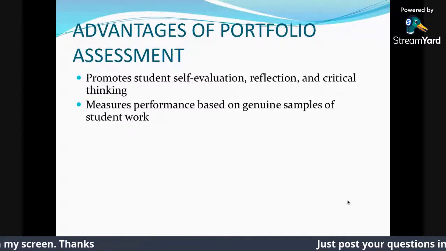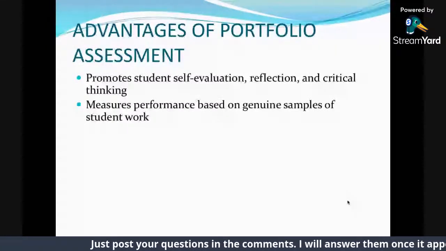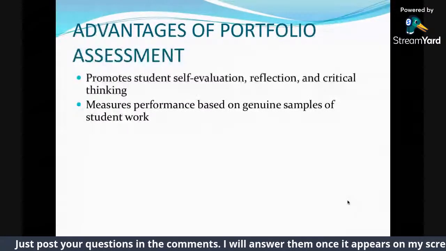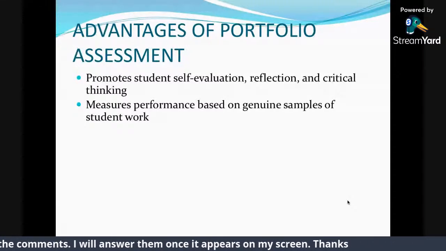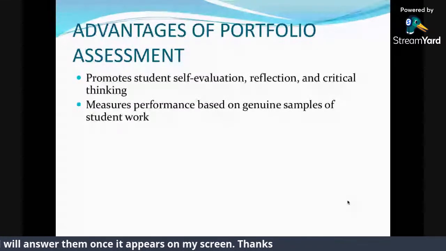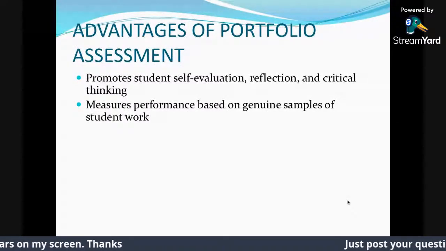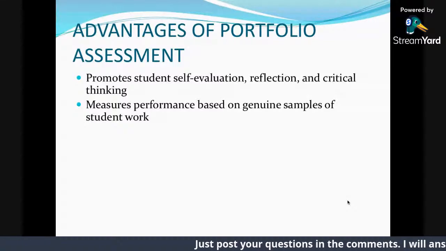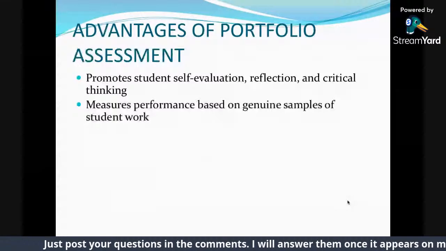So kung sinabi ng teacher na put your best lesson plan, so pipili ngayon yung estudyante. So see, that is already judging, because the students will have to judge or evaluate out of the 25, for example, na lesson plans na prepare ng estudyante. Titignan niya kung alin yung pinaka-the best doon at yun ang ilalagay niya sa kanyang portfolio.